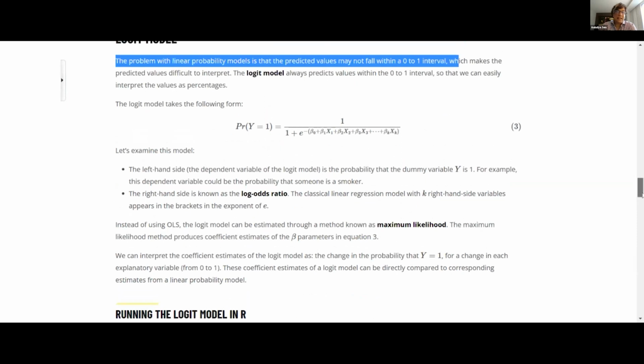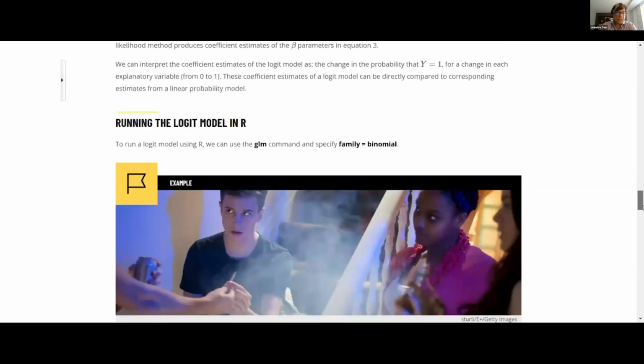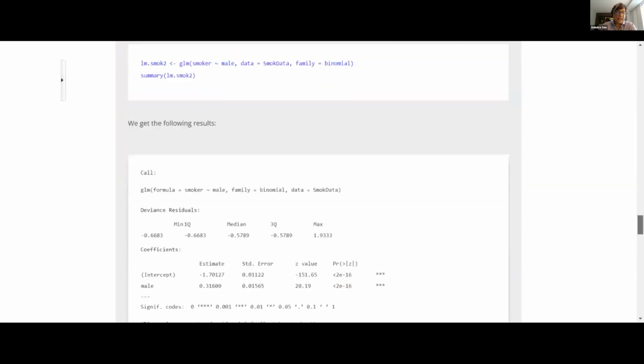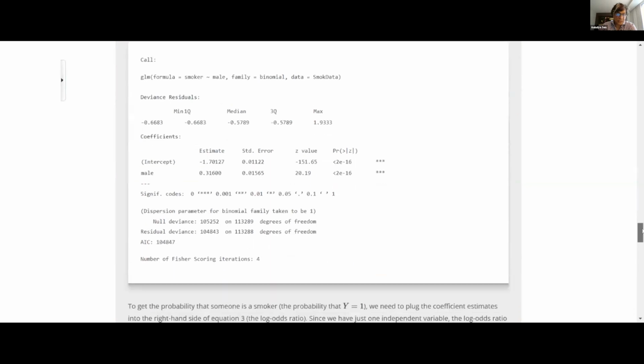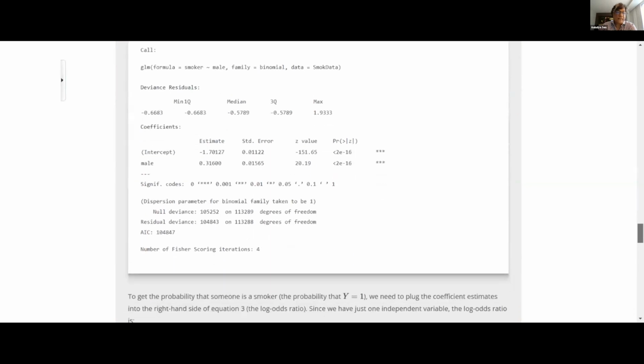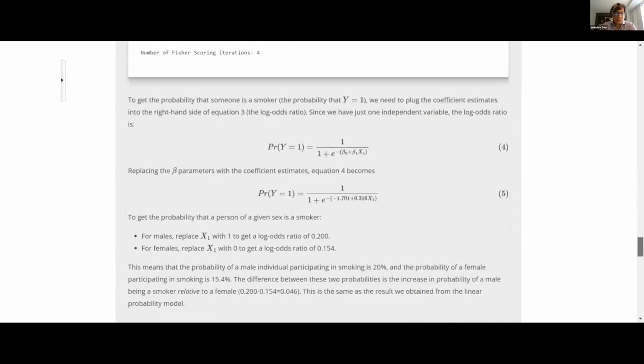And again, it's pretty simple to use logit or probit in R. Here's an example. You use the GLM function, okay? And you just run this, and that gives you your regression output, okay? So again, it's very straightforward to do in R.